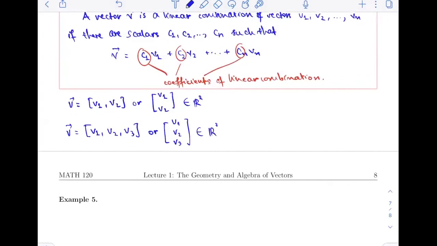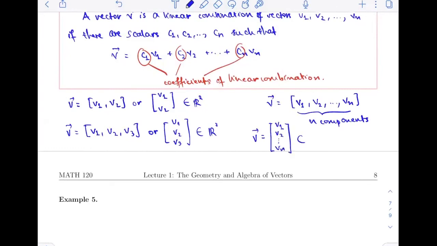Or we can have an n-dimensional vector. In this case, let's assume that v is an n-dimensional vector. So you have n components, v1, v2 up to vn, or v can be written as the column vector v1, v2 up to vn, and all of this is in Rn.